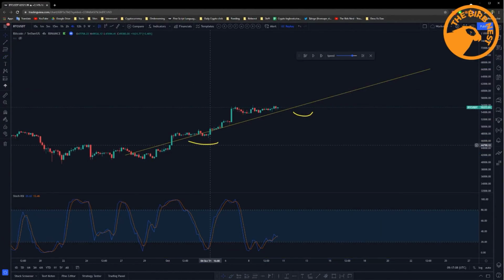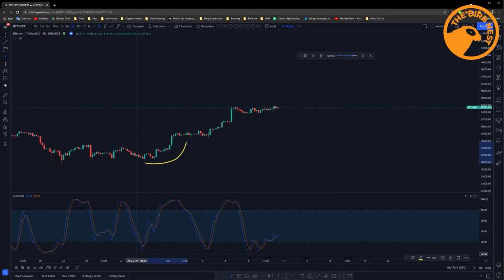And because we know the market doesn't go in a straight line up but in waves, we could try to catch a bottom of the wave, like somewhere over here or somewhere over here, or maybe in the future. And I think that's where the stochastic RSI is really great, because in these waves you have moments of momentum, like over here, and you can see the stochastic RSI going up. Then you have periods of lower momentum, and you can see the stochastic RSI resets.